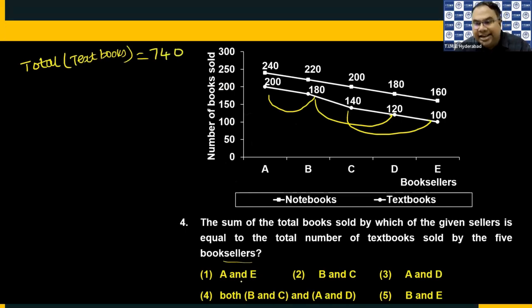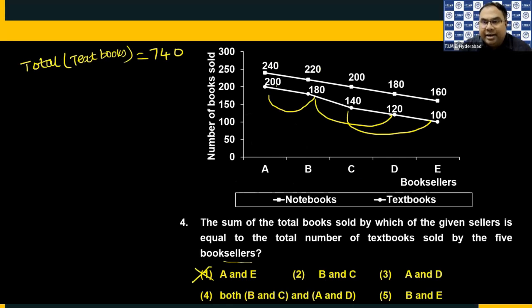So which of these sellers is equal to total textbooks sold? That means when we add the given sellers, total books sold by them must be equal to 740. If I look at A and E, 440, 200, 240, 440, and 260, so 600. No, it is not possible. It is not equal to 740.